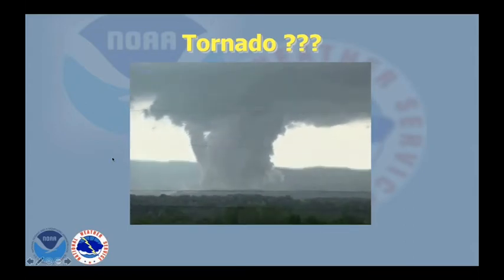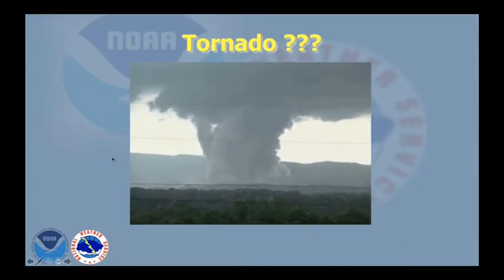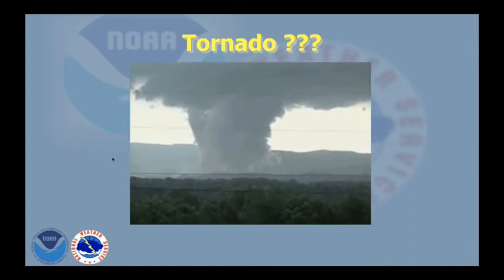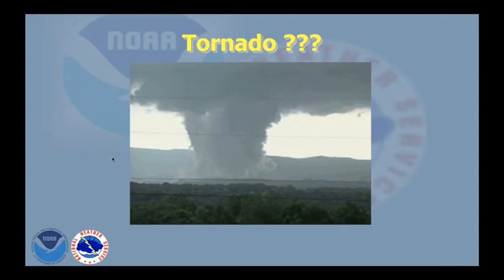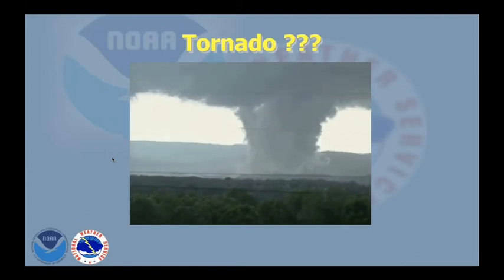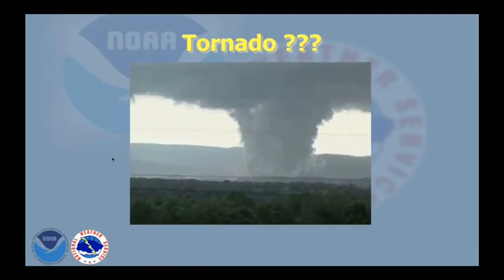Yes, it's not rotating. This is coming off of a power plant. I believe this is up in Springs. It's a power plant just emitting, and the air is moist enough for that to condense and look like a cloud. But not a tornado.